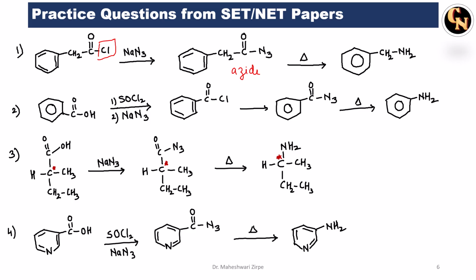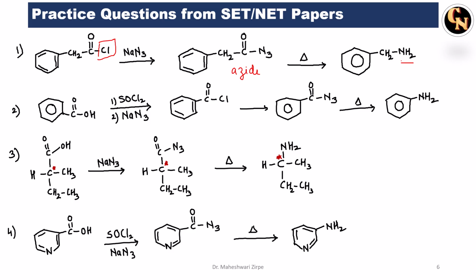But the trick is simple: C double bond O, N3 gets converted into an NH2 group. This is the trick. You can directly write it in the exam, with no need of doing the mechanism.